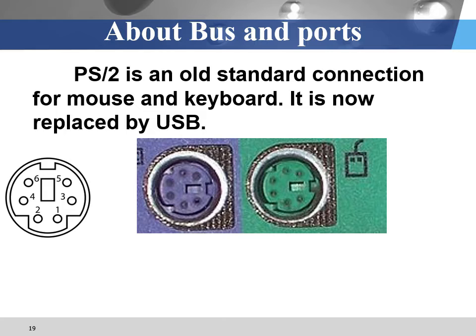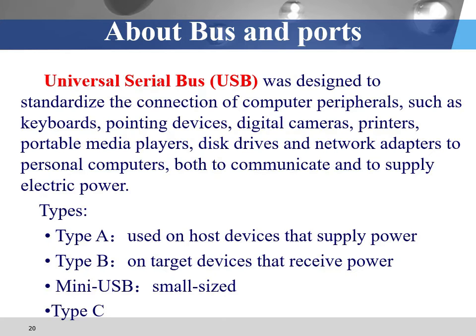PS2 port is the old standard. We usually use this type of port to connect to the mouse and keyboard, but now it's replaced by USB. USB is short for Universal Serial Bus. It was designed for portable devices like the keyboard, mouse, portable media players, disk drives.